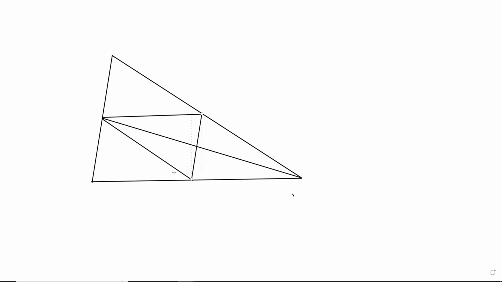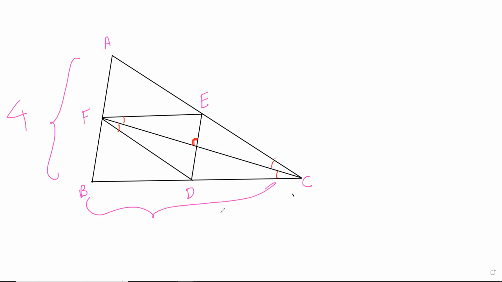Yeah, this looks more like a rhombus. 90 degrees means it's a rhombus. All these angles. Four, 5, AC is 6.